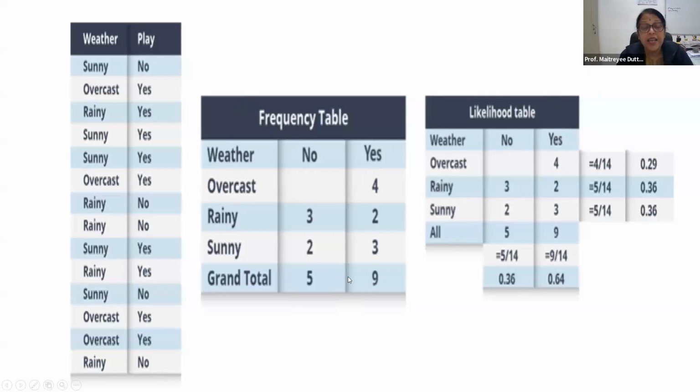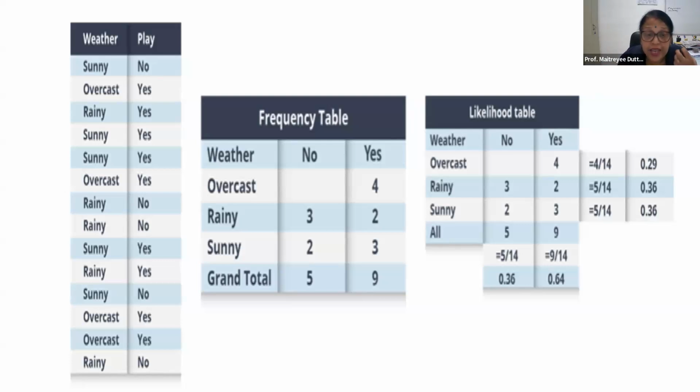That means if somebody is giving the statement, yes, if it is a rainy weather, then you can play. You have to tell whether it is yes or no, depending on the probability.